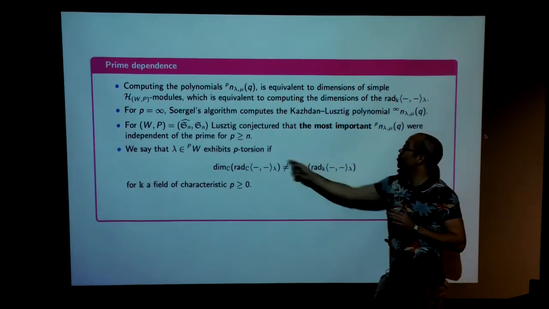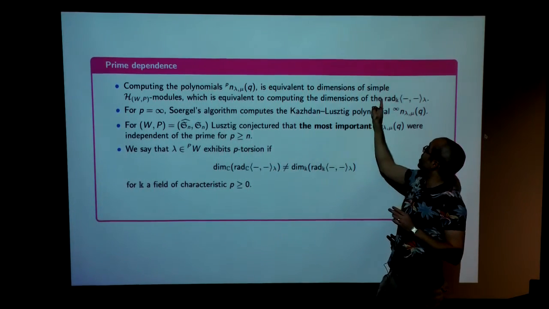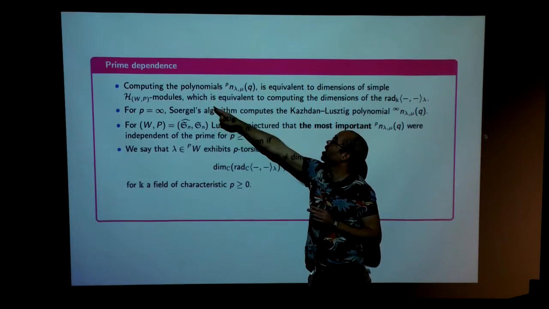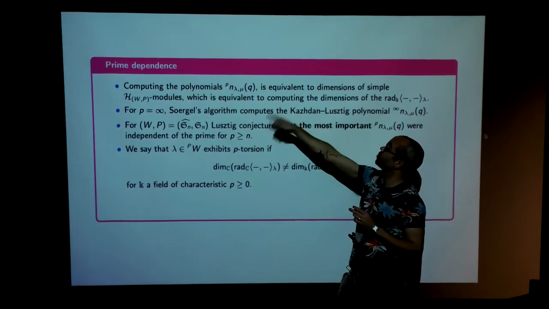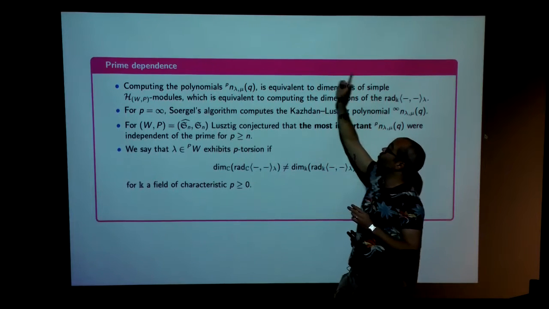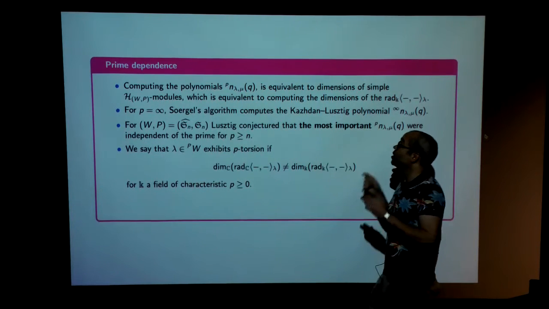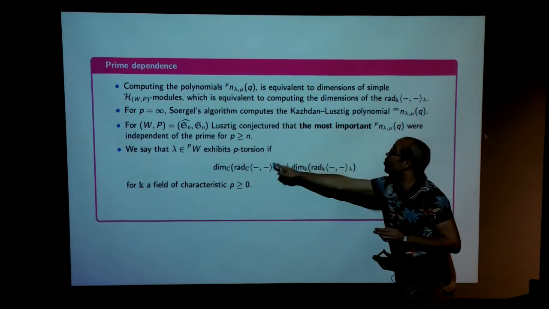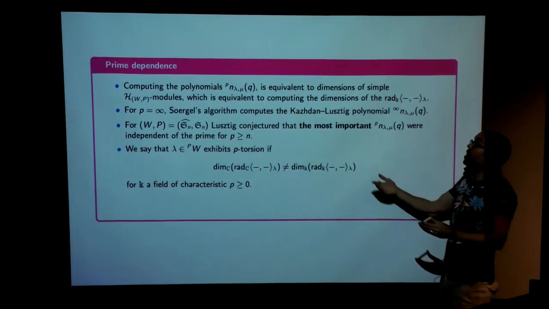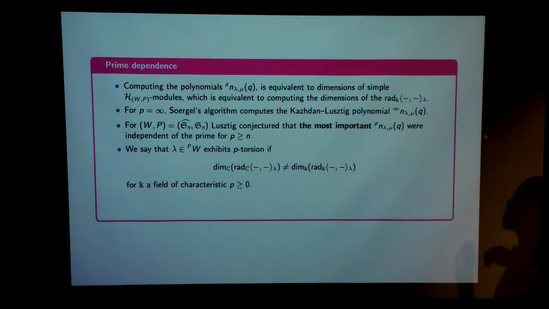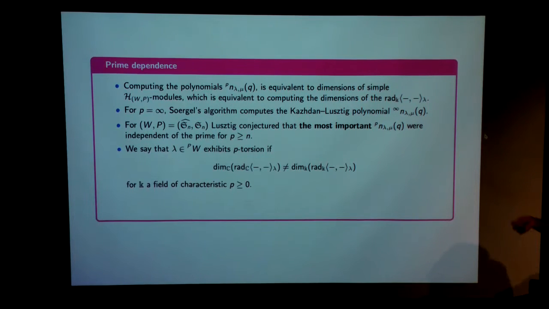So, I mean, we said that computing the dimensions of the radicals is equivalent to computing the dimensions of the simples, which is equivalent to computing these. So if we find prime dependence here, then we've found p-Lusztig polynomials which depend on the prime. They have p-torsion.